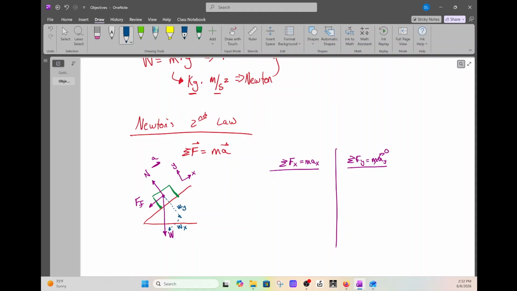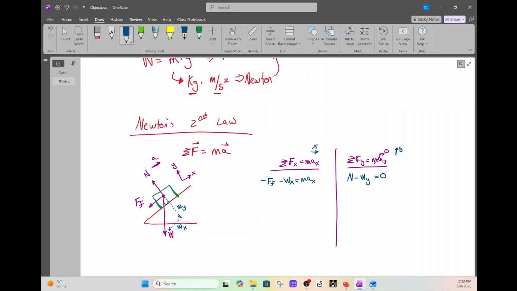For example, let's look at the X. We're going to assume this way is positive X and upward is positive Y. So we have negative friction minus WX equals MAX. We're going up the incline. Over here on the Y, we have normal force minus the weight in the Y equals 0.